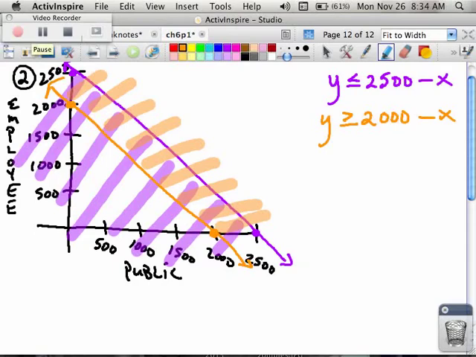I'm going to go with the constraint that we talked about next. That was the kind of common sense constraint. The one that we said was in light blue, x is greater than or equal to 0, meaning that when we're talking about our public spaces, they have to be more than or equal to 0. If I were to draw that line, that's actually the same as the y-axis. And I want all of the values to be to the right of that because I'm greater than or equal to 0.